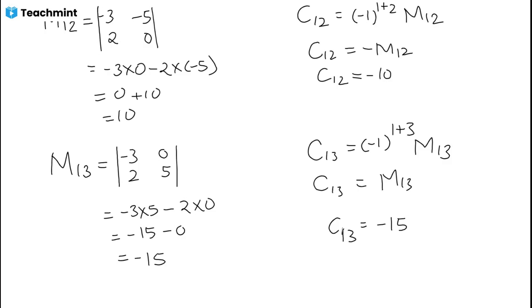So now let us find M21. So leave the element of second row and first column. Second row and first column we have 3, minus 2, 5, and 0.